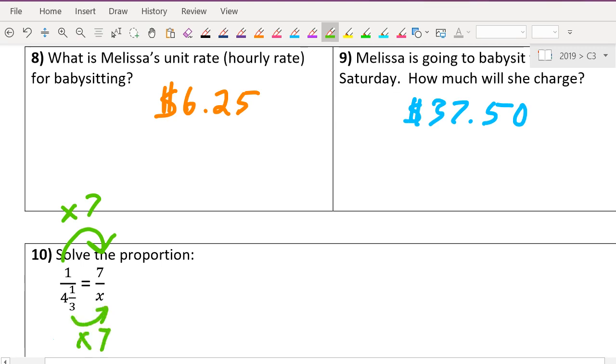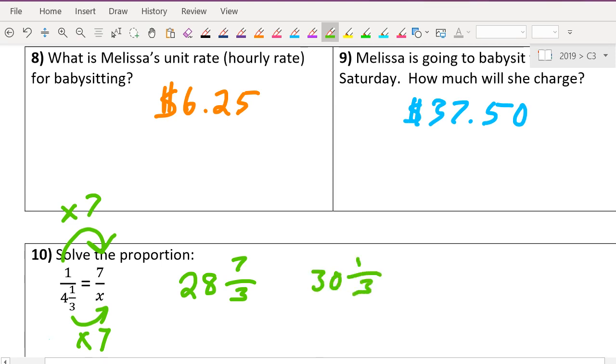What do we get? We get 28. And then 1/3 times 7 is 7/3. So now we need to change that. How many wholes in 7/3? 2 1/3. So it's 30 and 1/3.